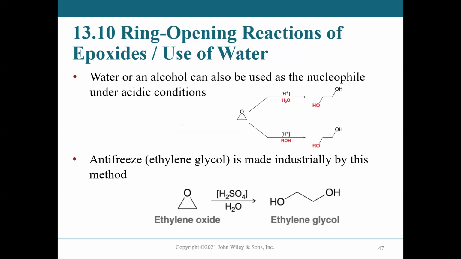Water or an alcohol can be used as a nucleophile under acidic conditions. Antifreeze, ethylene glycol, is made industrially by this method. We take ethylene oxide plus H2SO4 with water, and we get ethylene glycol.